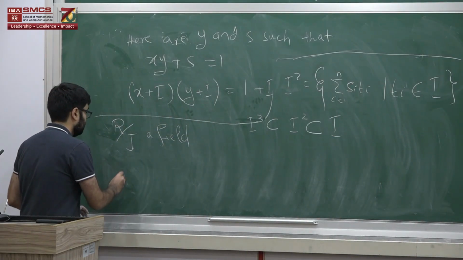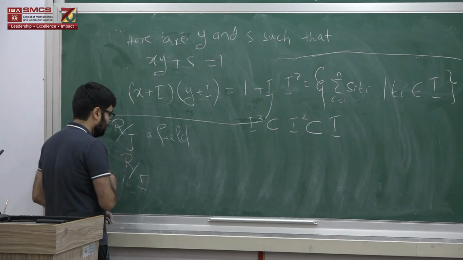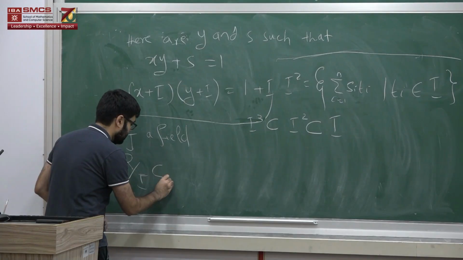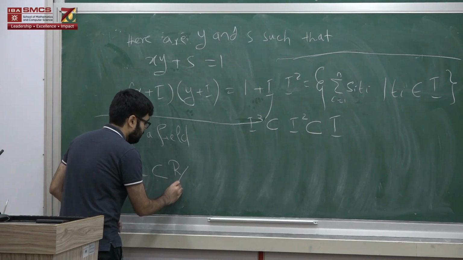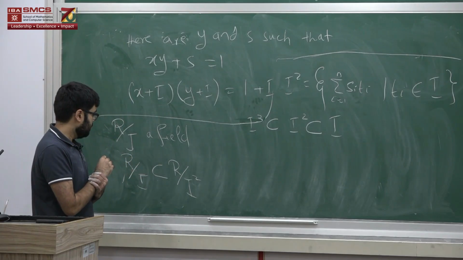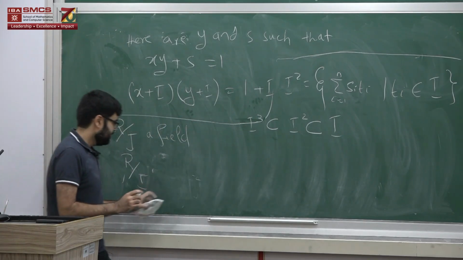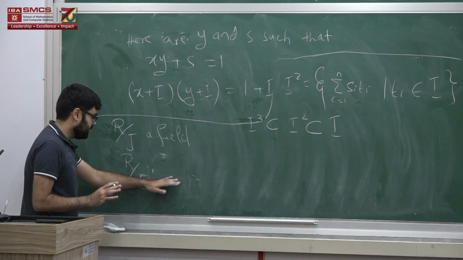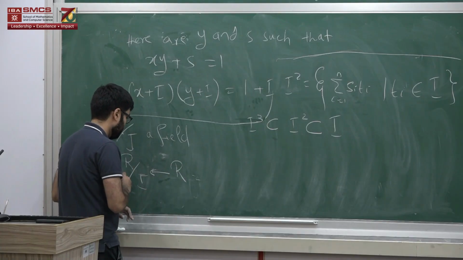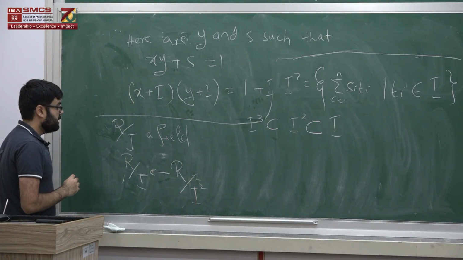So what I have is there's R mod I, and this is contained in R mod I square. Map over reduction map. Sorry, there is no subset relationship between quotients. So there is a map which goes from R mod I square, and how does this work?